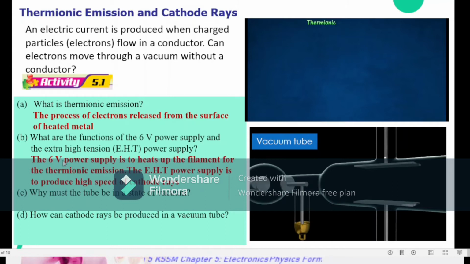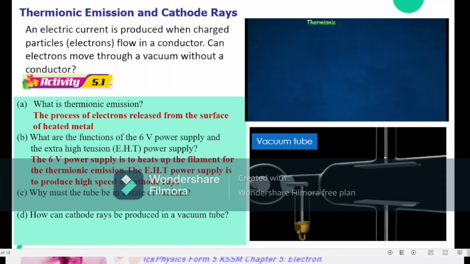The 6 volt power supply is to heat up the filament for thermionic emissions. The filament is placed close to the cathode, so the filament will heat up the cathode and cause electrons to be released out from the surface of the cathode. The process involved is thermionic emission.